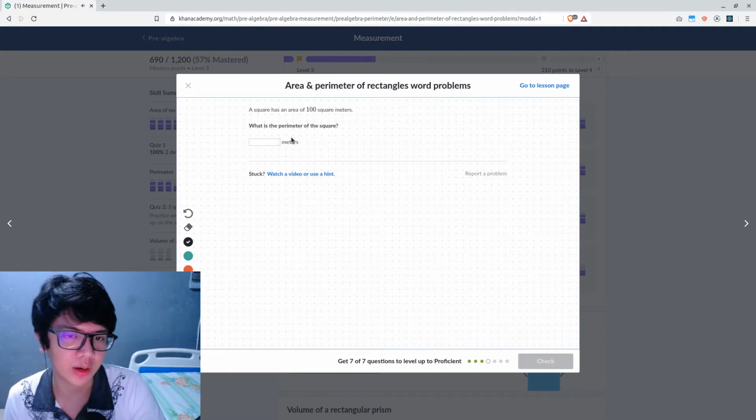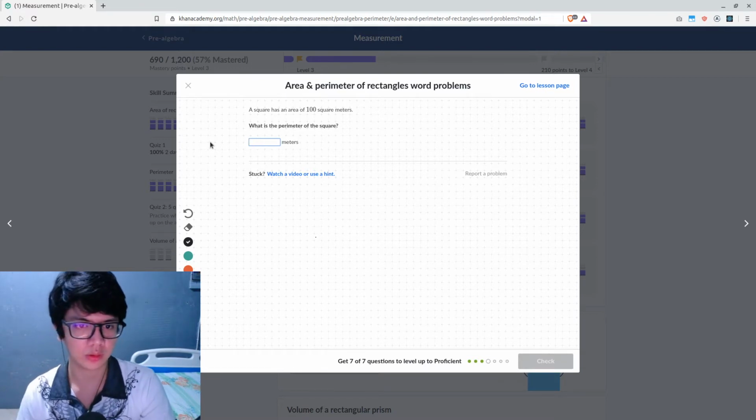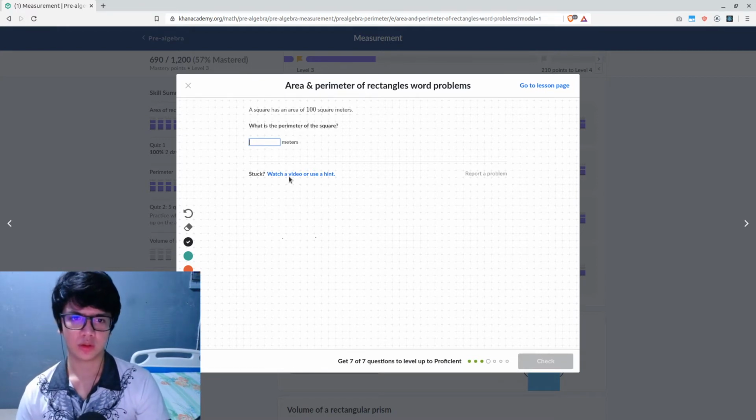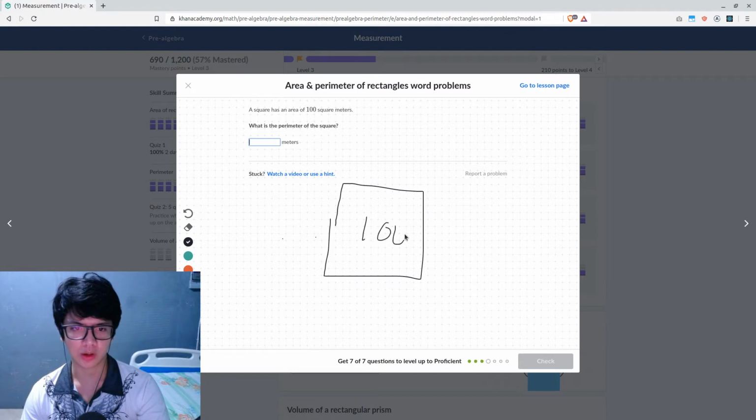A square has an area of 100 square meters. What is the perimeter of the square? So this should be 100.